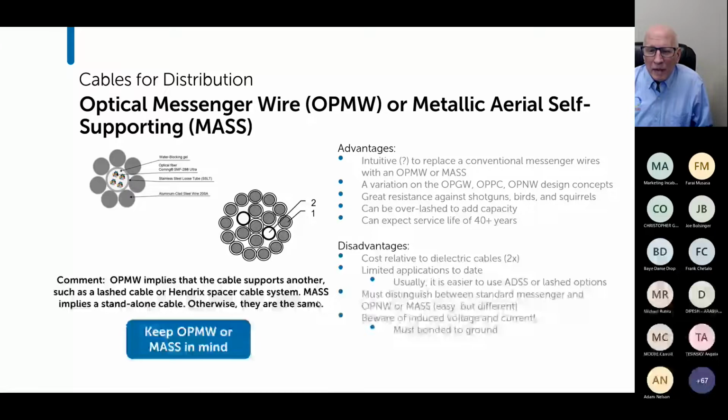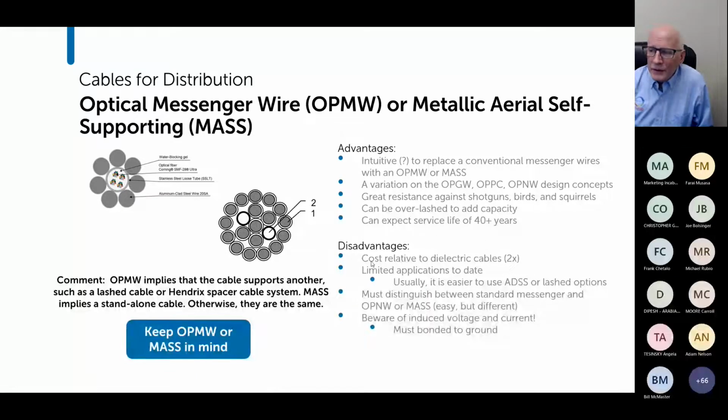But MASS implies kind of a standalone cable, but basically they're the same. So a lot of the same advantages as OPGW, including great resistance against shotguns and critters. You do have the ability to then overlash something to add capacity, and you would get excellent service life.